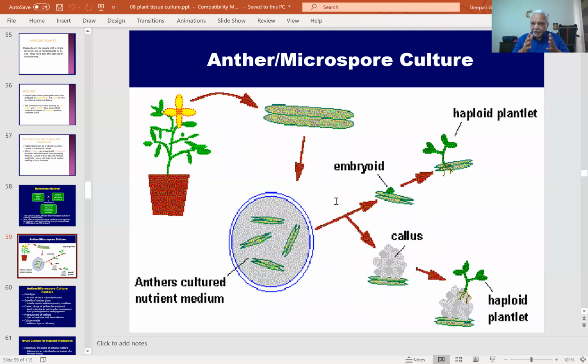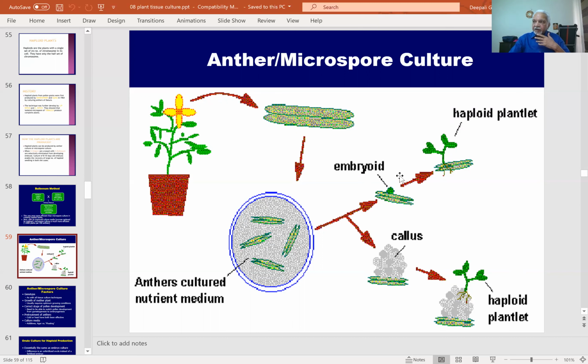Now, pictorially, for anther culture or microspore culture, you take out the anther from a plant like this and put it on the culture media. This can have two routes of differentiation. One is by callus formation, and then the callus gets differentiated into haploid plantlets.